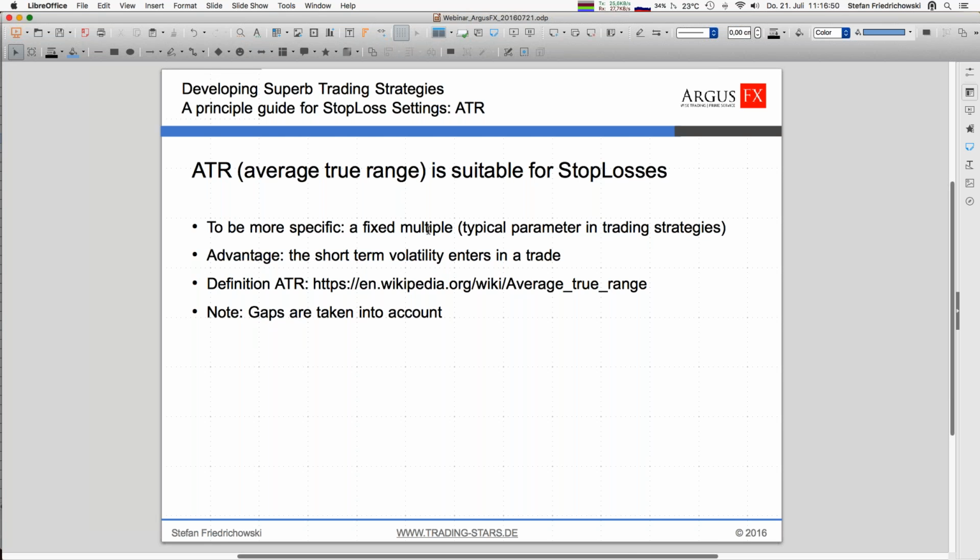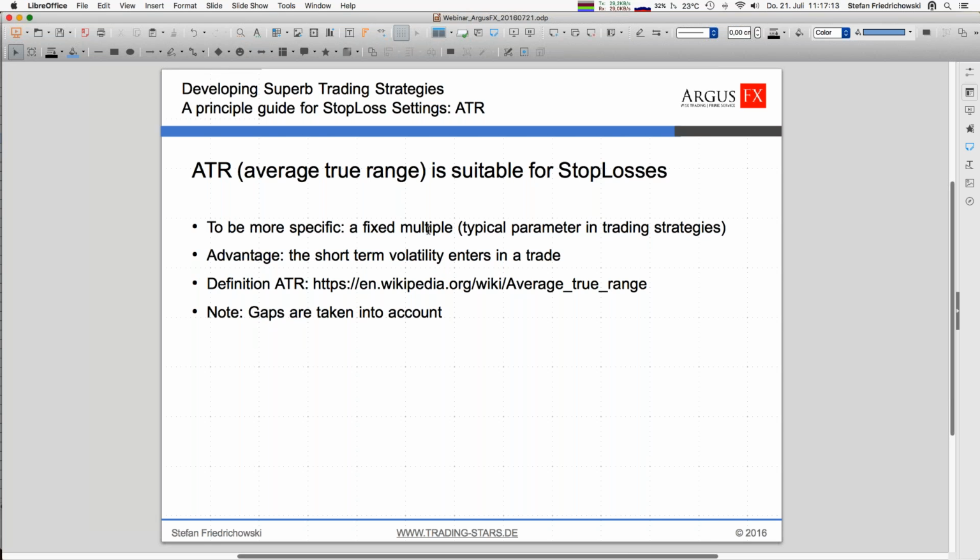So that has to be optimized, and the ATR period, as already said, is a weak indicator, so that means I fix it, and typically I use either 24 or 120, depending on the kind of strategy.